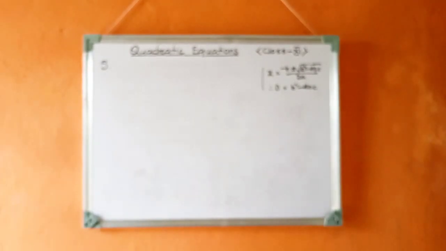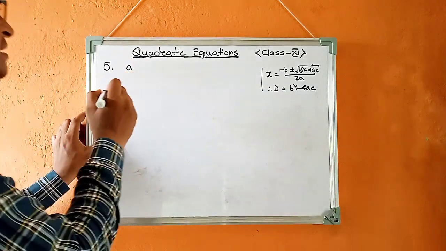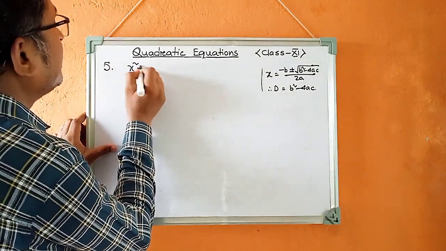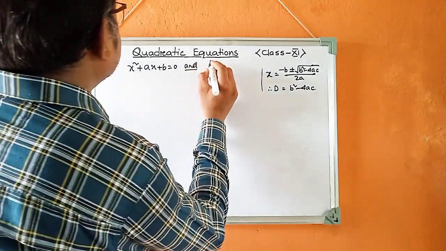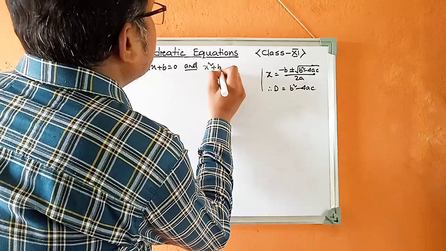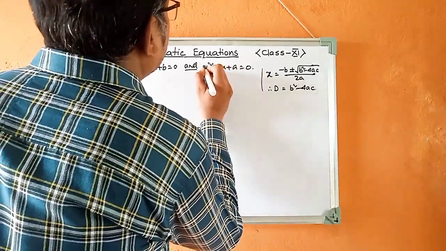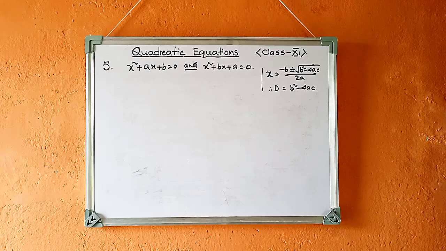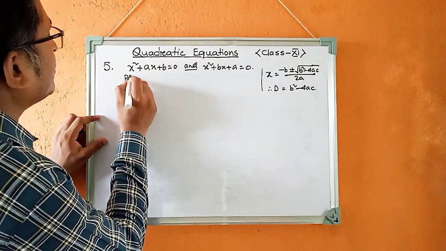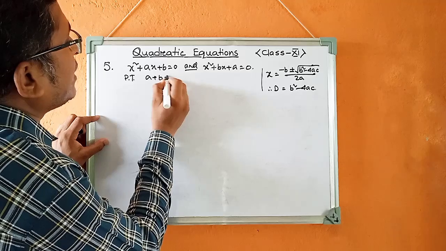If the equations x square plus ax plus b equal to 0 and x square plus bx plus a equal to 0 have a common root, then prove that a plus b plus 1 equal to 0.